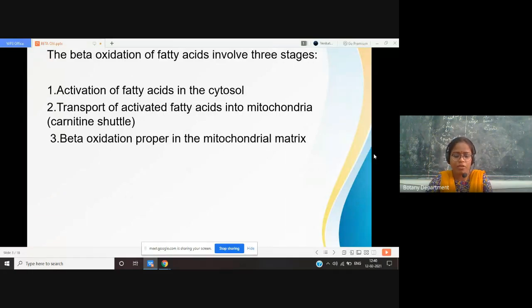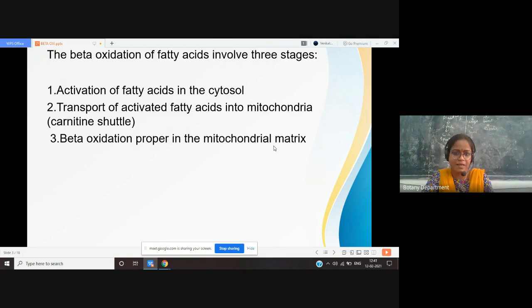In the mitochondria, one special shuttle is there, known as the carnitine shuttle. From the carnitine shuttle, all these products should enter into the matrix of mitochondria. So the whole beta oxidation of fatty acids involves these three: cytosol, mitochondria, and mitochondrial matrix.